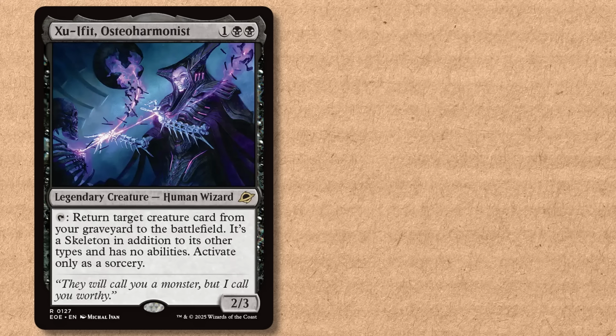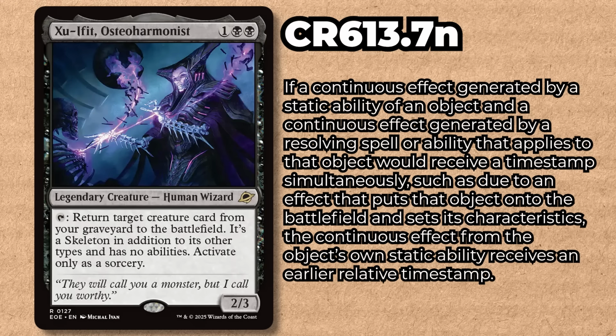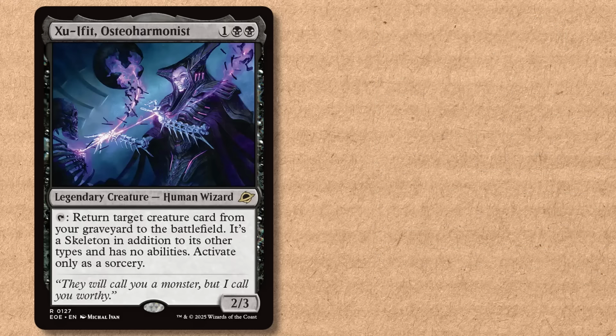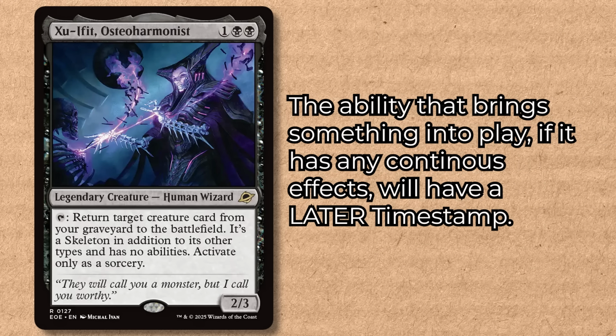And finally, and this only really applies to Zoo from Edge of Eternities and a handful of other effects, if a continuous effect generated by a static ability of an object and a continuous effect generated by a resolving spell or ability that applies to that object would receive a timestamp simultaneously, such as due to an effect that puts that object onto the battlefield and sets its characteristics, the continuous effect from the object's own static ability receives an earlier timestamp. Basically, all this means is that the effect bringing the object into play will apply its abilities last.